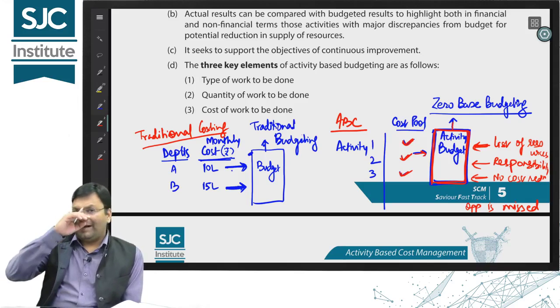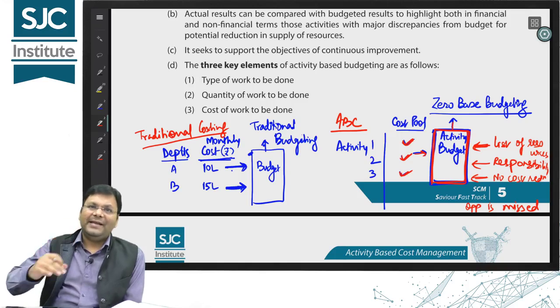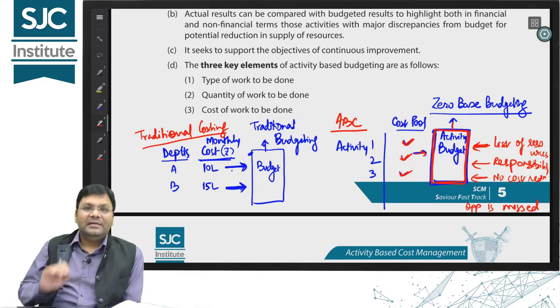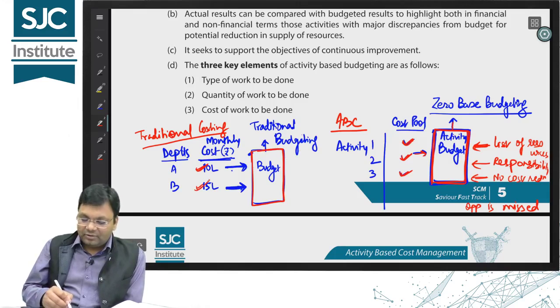Okay, so activity-based budgeting, or rather I will first say any budgeting exercise, is also used for performance evaluation. How do we use it for performance evaluation here? Say I know the budget of these departments and I have asked my department managers to execute their responsibilities within this budget.